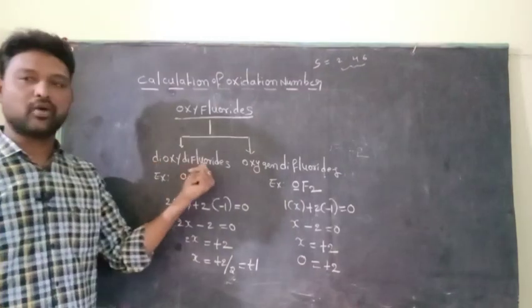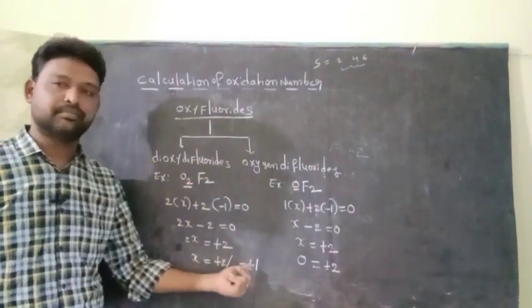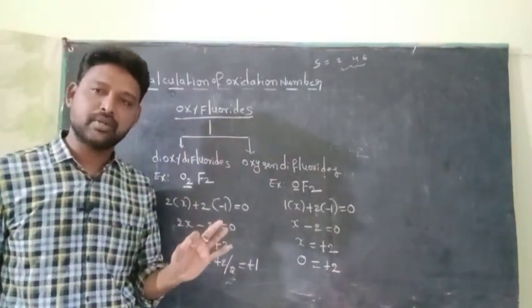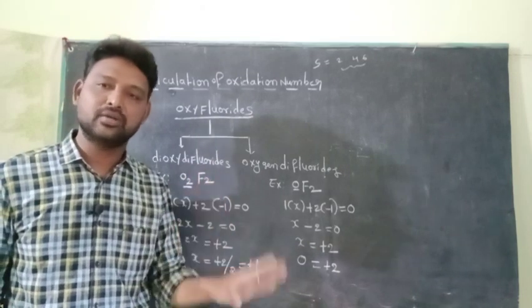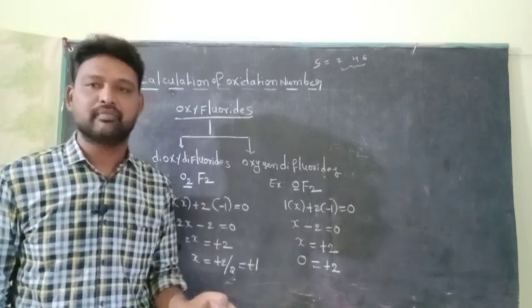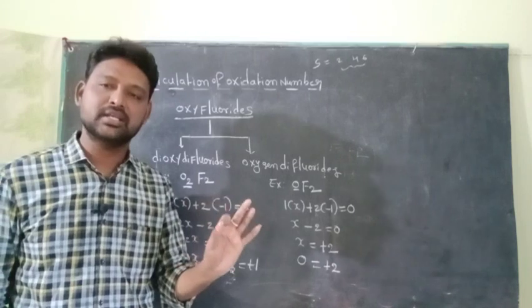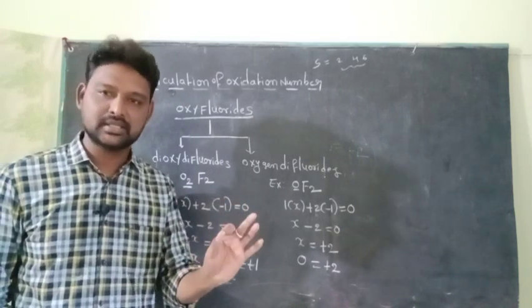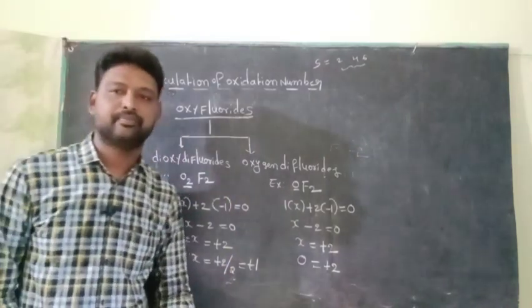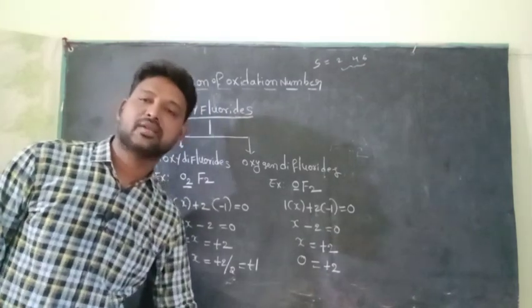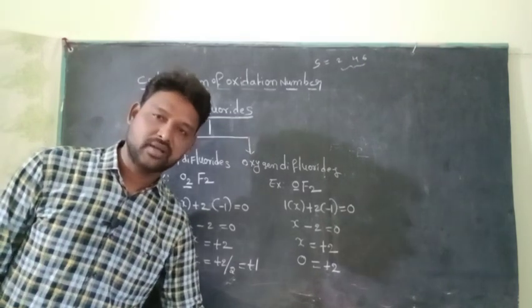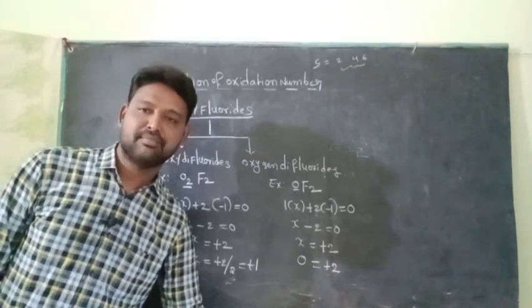In dioxydifluorides, the oxidation number of oxygen is +1. In superoxides, the oxidation number of oxygen is -1/2. In peroxides, the oxidation number of oxygen is -1. The common oxidation number of oxygen is -2. To repeat: in superoxides, -1/2.